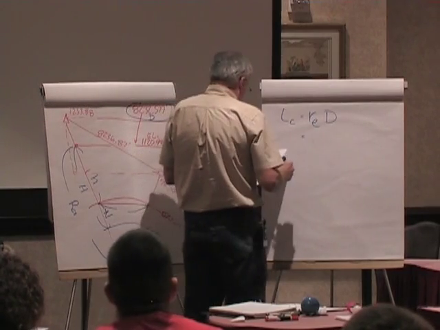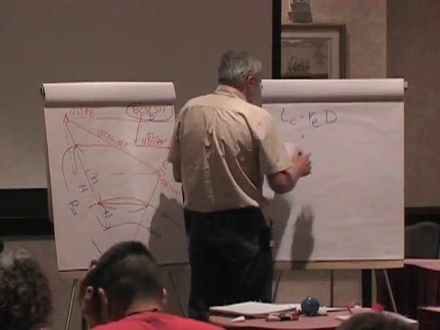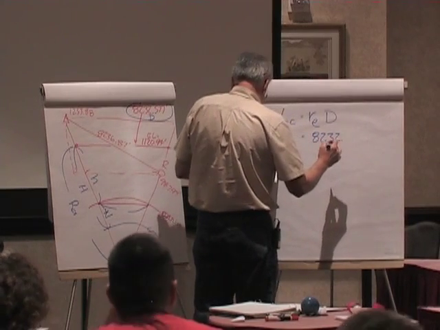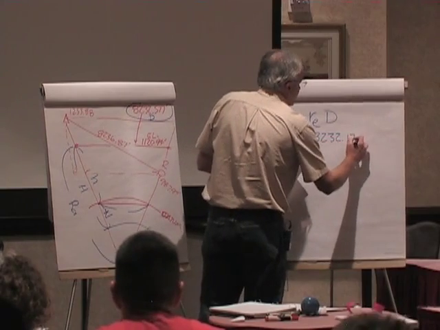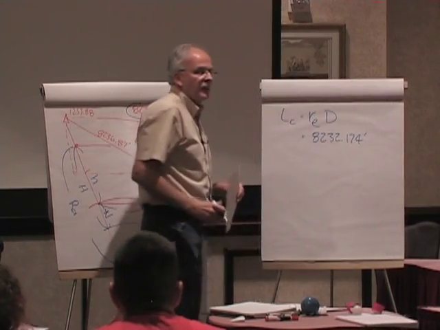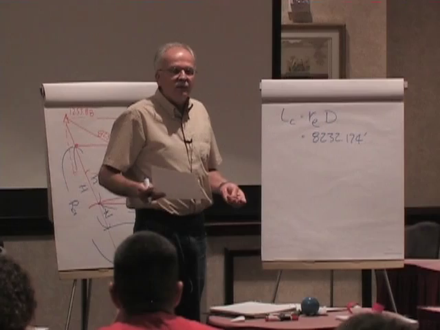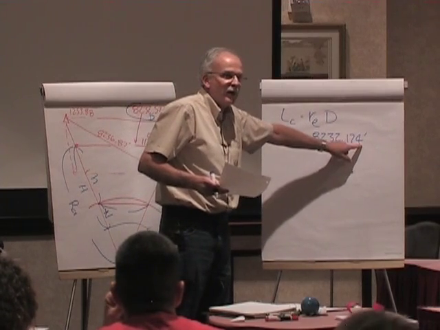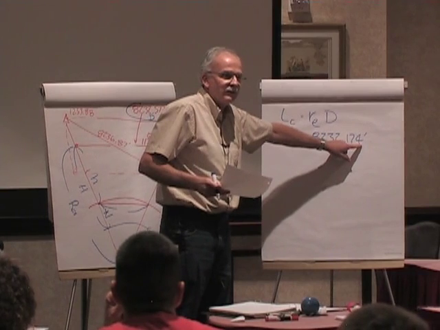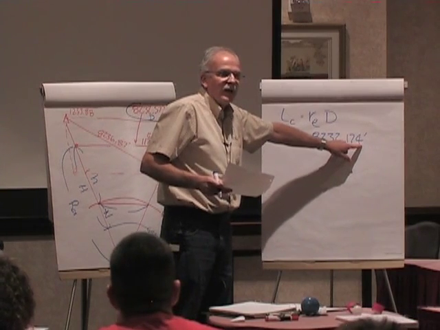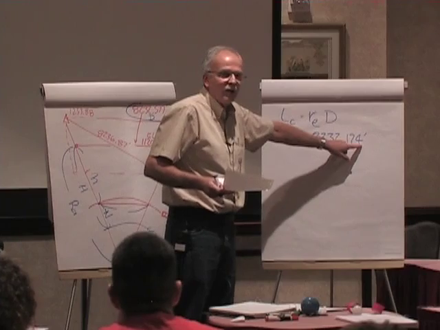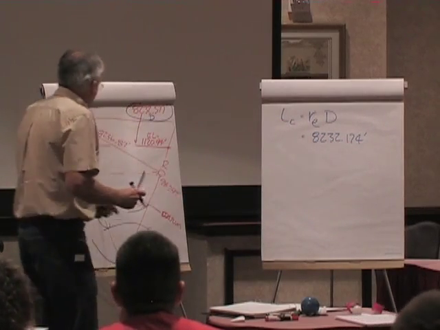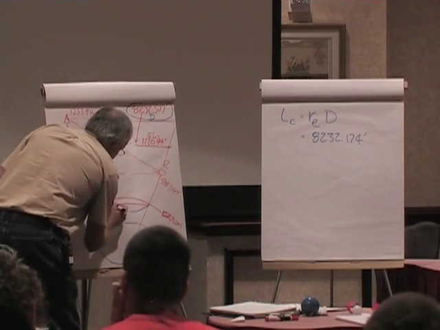And if you do the math, I think you get 8232.174 feet. And you guys all know if the final answer has to be in hundredths, you always carry your calculations out to thousandths to avoid round-off errors. If your answer is going to be, and you're not going to carry it in your calculator, you always carry out one more decimal place. So now we've got this distance.